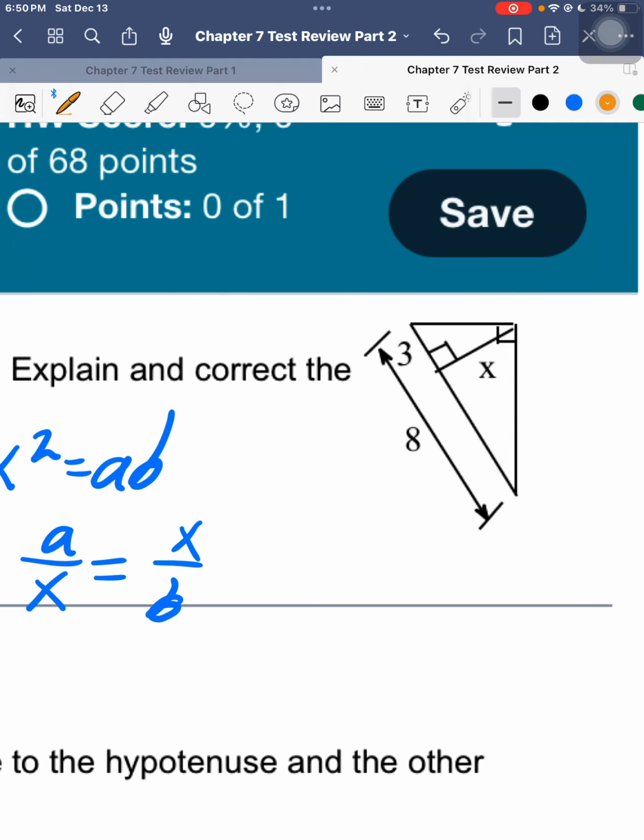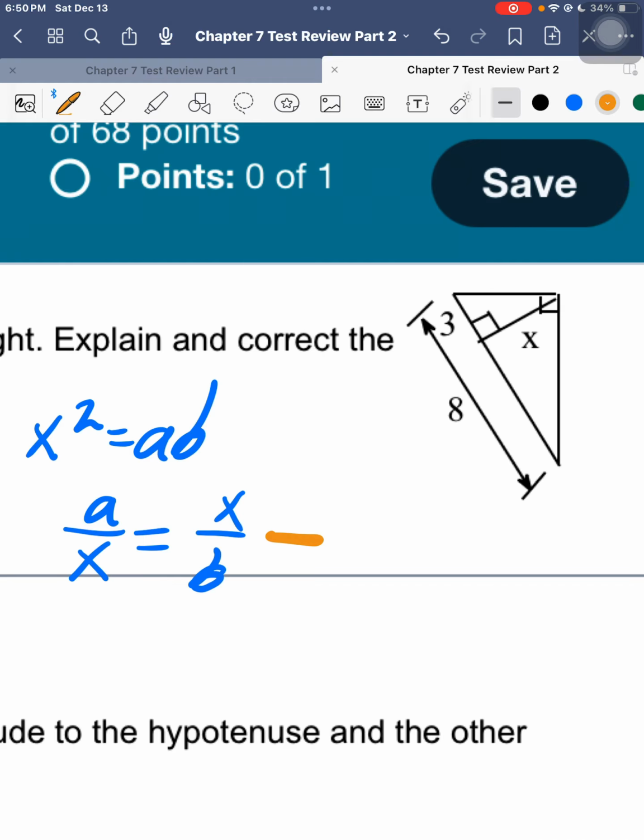That means that the a and b right here, let's do it with this formula. What gets replaced with these x's? The geometric mean, which is what? X. So I have x over something, x under something, and x over something.